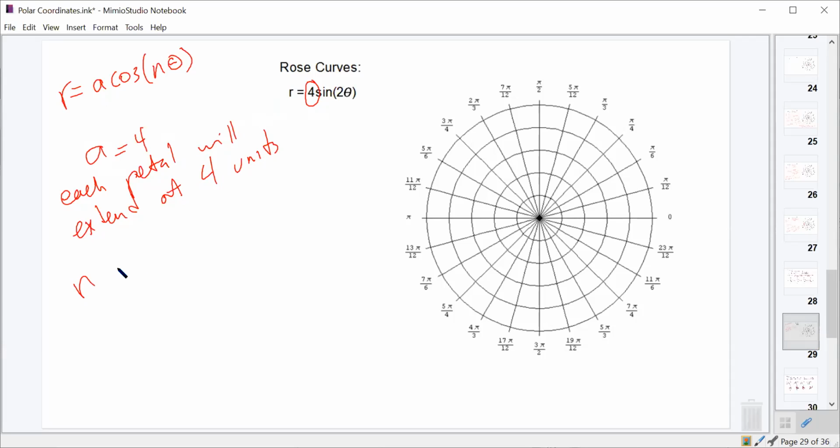If n is even, then we have 2n petals. If n is odd, then we will have n petals. So in this case, we have an n value that is even, so we should have double that number of petals. So this rose curve should have 4 petals that extend out from the pole 4 units each.